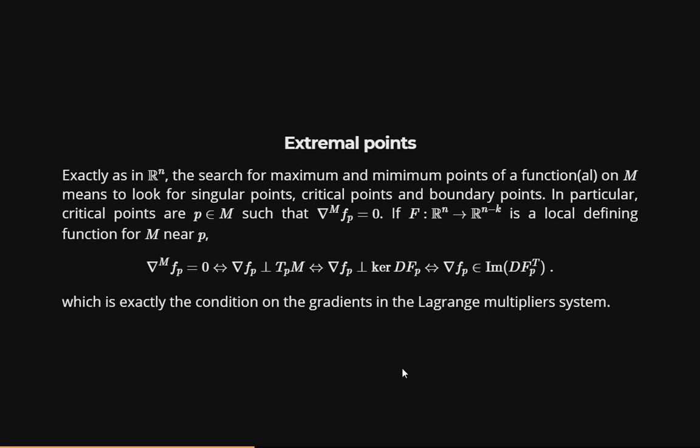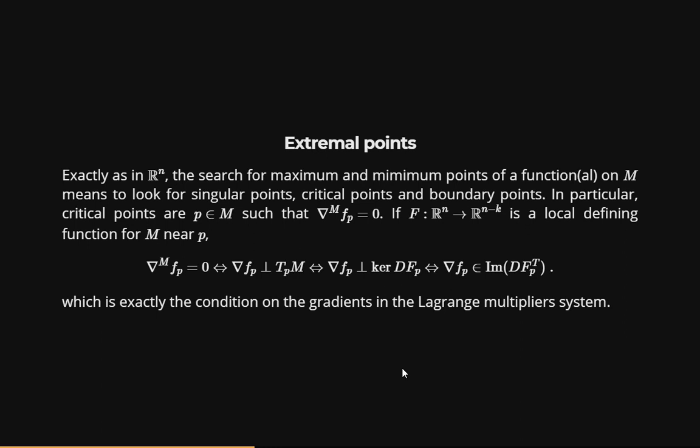Now, extremal points. Maximum and minimum are defined in a set-theoretical way. The maximum of f on M is a point such that the values of f at all the other points are less than or equal, and the minimum is the other way around.